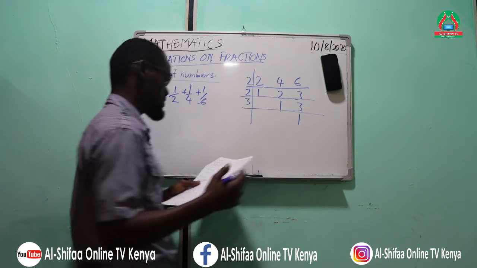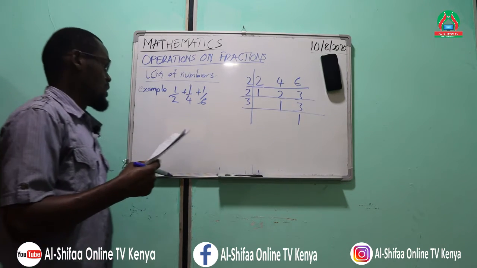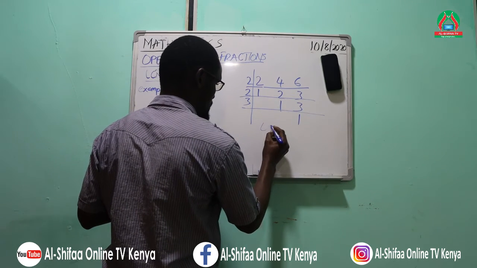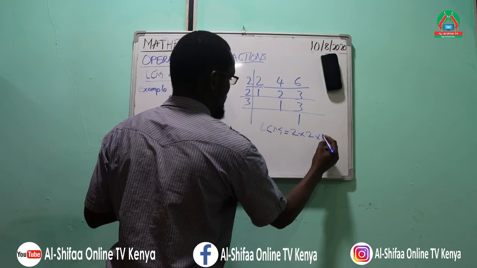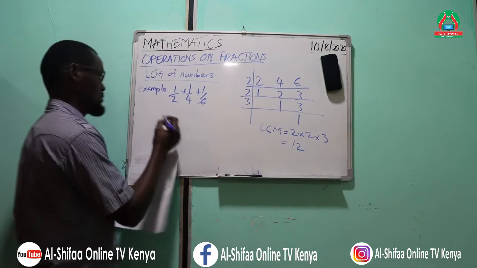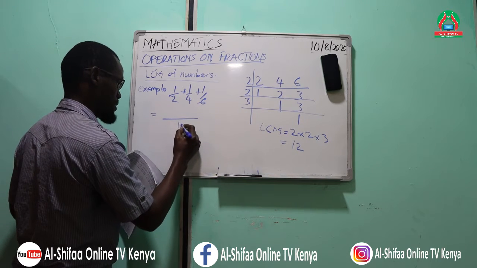That's the simplest way of finding the LCM. So our LCM here will be 2 multiplied by 2 multiplied by 3, which is equal to 12. So we replace these three numbers with 12.